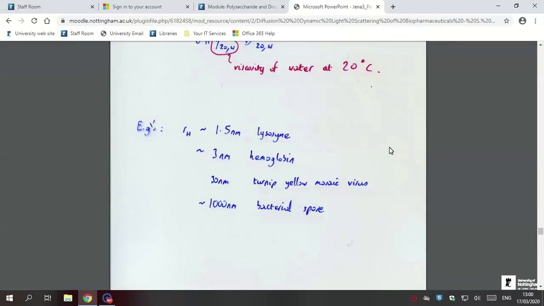coronavirus, but I think the facilities for doing those measurements would be very different from what we have, for example, in the NCMH.